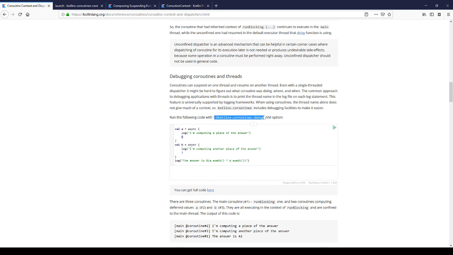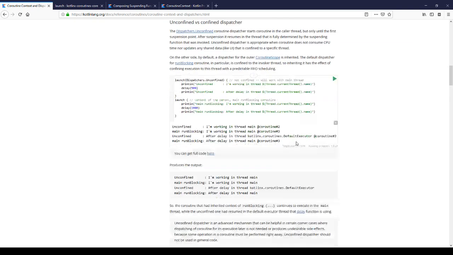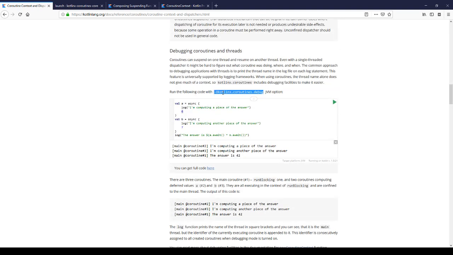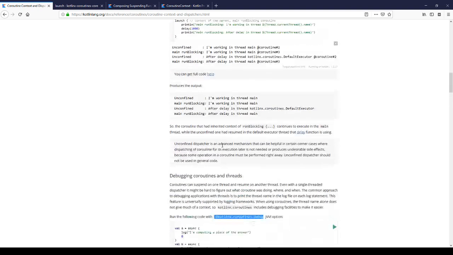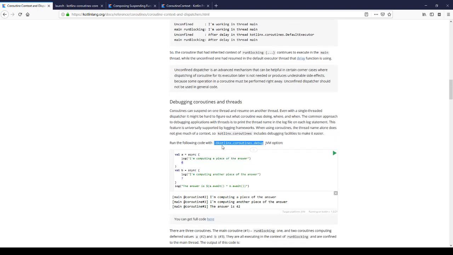So I guess the aforementioned has kotlinx.coroutines.debug open. Oh, actually no, this is something different than what I expected. Anyway, main coroutine number 2. So we get an async and an async.